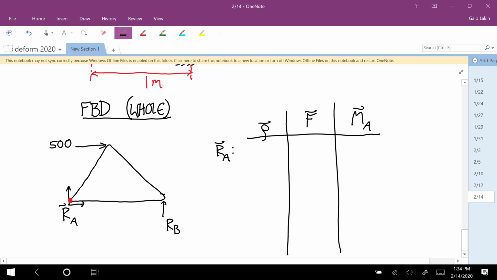Okay, so the row vector is down here. I'm going to first deal with this force RA. The row vector is the vector that goes from the about point to where the force is applied, so that's 0 here. The force vector is just the components, RAX, RAY. Take the cross product, so that's this times this minus this times this, and you get 0 for the Z component of the moment.